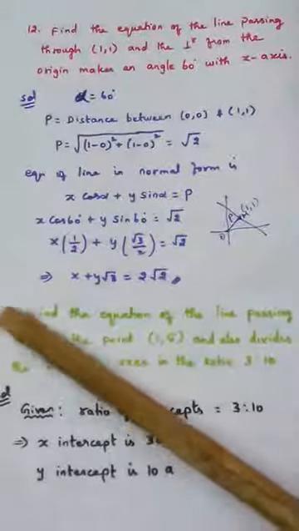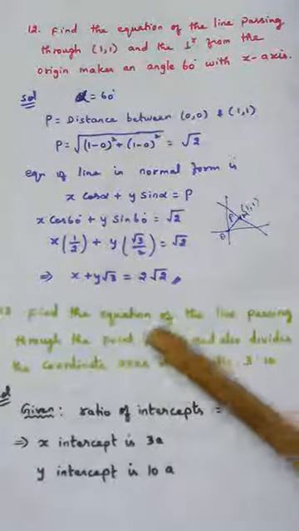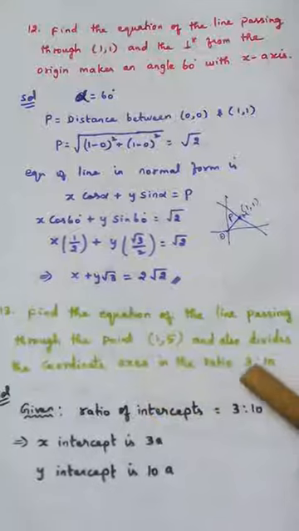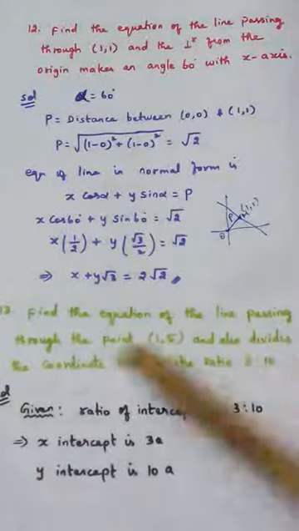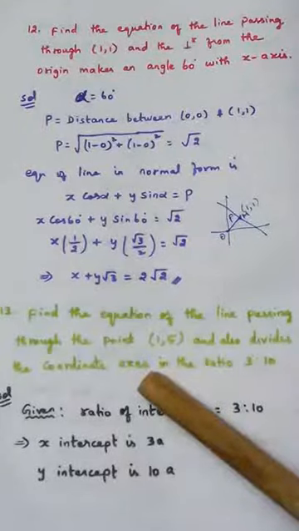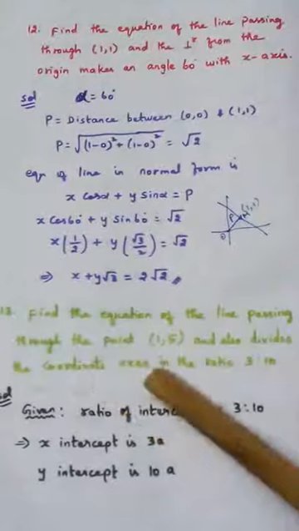Problem number 13. Find the equation of the line passing through the point (1, 5) and which also divides the coordinate axes in the ratio 3:10. Divides the coordinate axes, the meaning is intercepts. If it intersects the coordinate axes, it is called intercept.